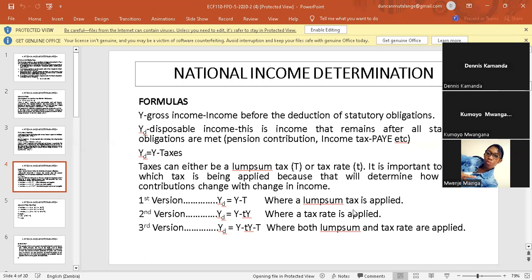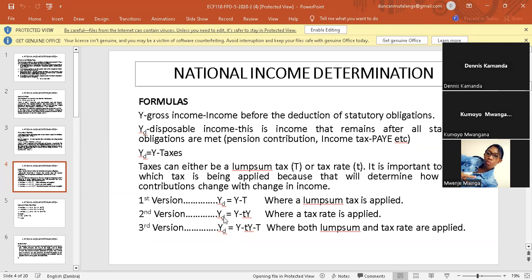So 20% is just 0.2 in terms of a number. You do 20 divided by 100, so you get 0.2, times 1,000, it means it will be 200 kwacha. So how did you do that? You got the 20% and you multiplied it by the income to see the amount of tax that the government is charging, isn't it?